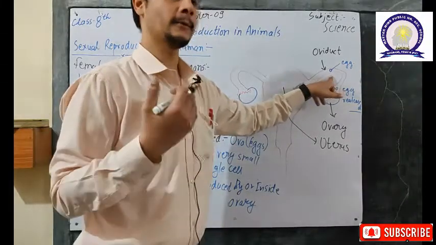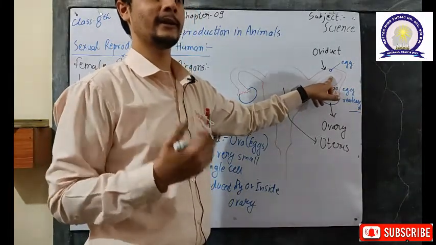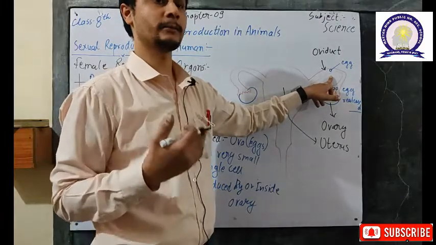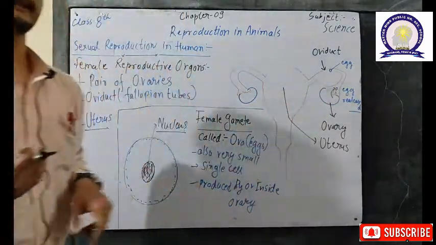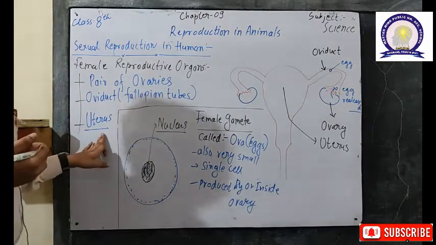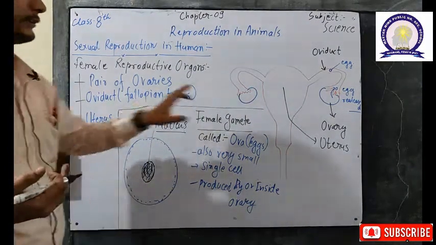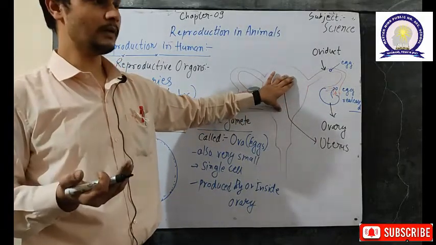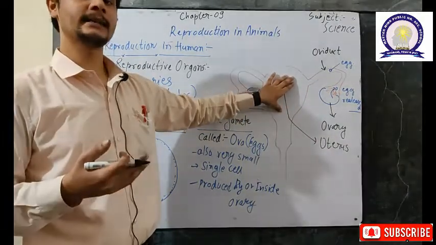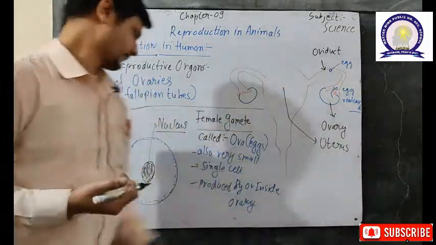If you are asked where the fertilization process occurs in the human being, you answer: inside the oviduct. And the third important organ is called the uterus. The uterus, in layman's terms, is the womb, where the baby develops.